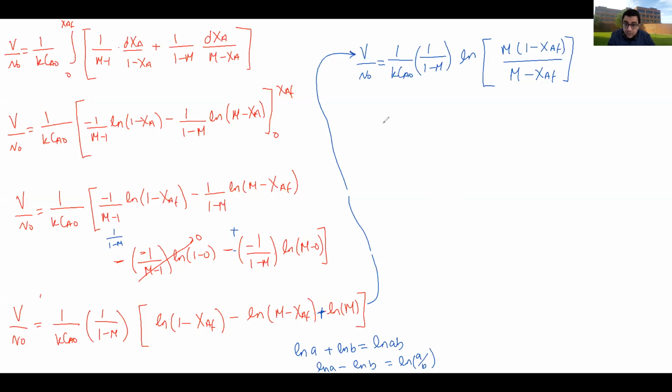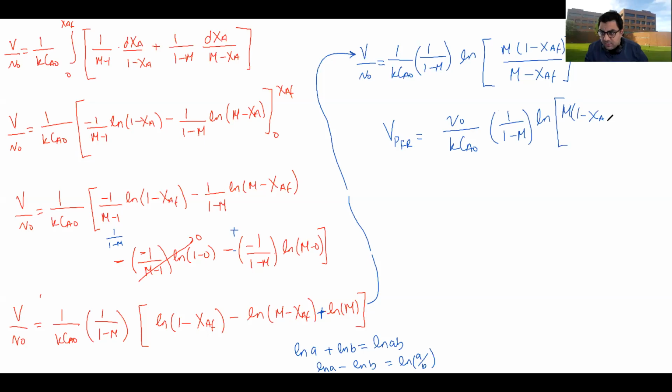So I have this expression right here. So now what is the volume of a PFR? The volume of the PFR will be equal to, I'm just going to move this V naught inside, V naught over K CA naught into 1 over 1 minus M into ln of M into 1 minus XAF over M minus XAF.